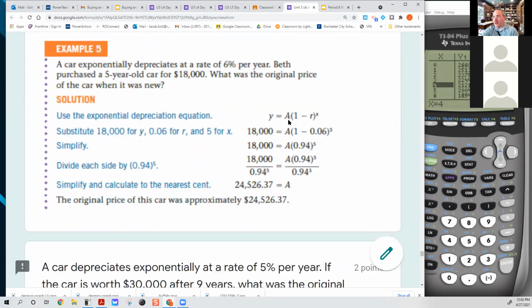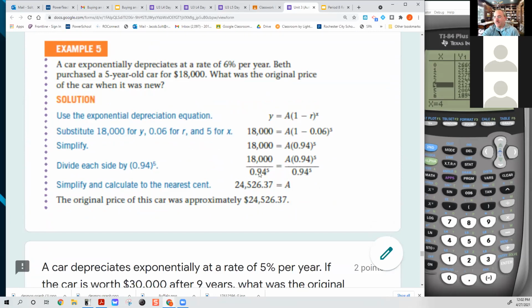Let's just run down what's going on here. Here's our sample exponential function. 18,000 is the price now because it's 5 years old. We're going to find the original price, so we're going to solve for A. A is being multiplied by this big expression, so we divide by this big expression on both sides of the equation.